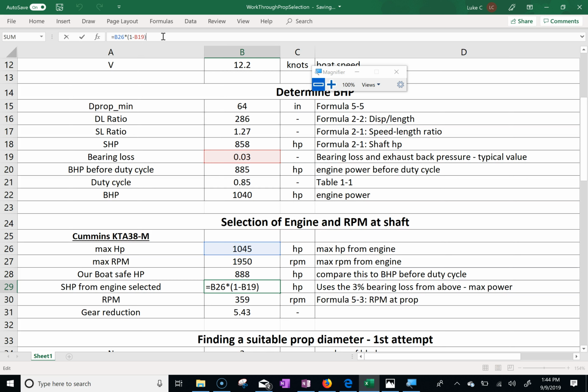What do we get for shaft? We're just looking at the 3% above.